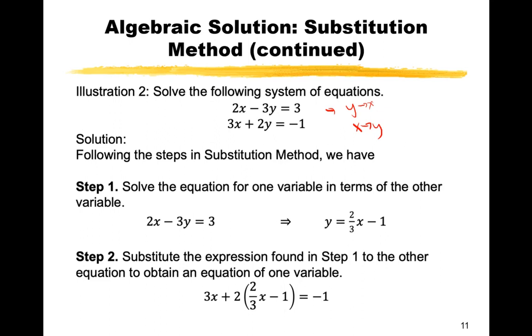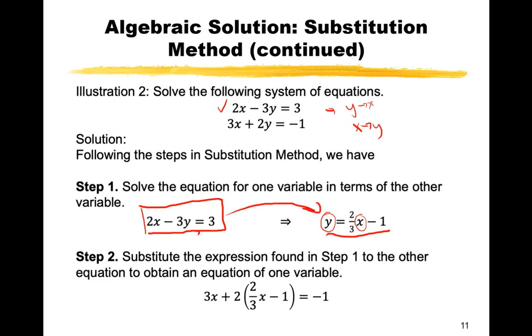So in this case, yung naunang equation natin na 2x minus 3y equals 3, yun yung transform natin such that si variable y natin magiging in terms of the variable x. That's why we ended up with y equals 2/3 x minus 1. So transform lang po natin itong equation na ito in order to get this equation.